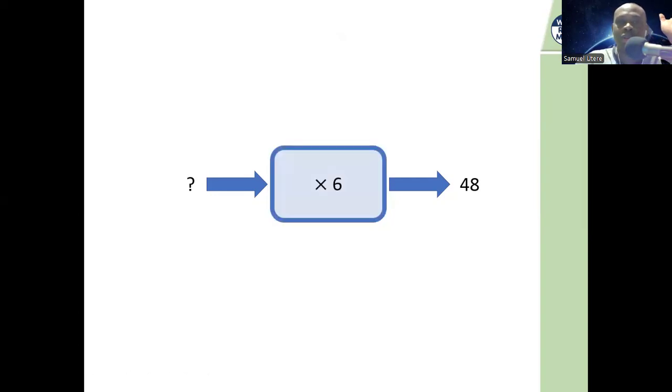What did we put in? This is where our inverse operation comes in. We need to do the inverse of what we did to the input, to the output. The inverse of multiplying is to divide. So it's just like saying 48 divided by 6, and that gives us 8.